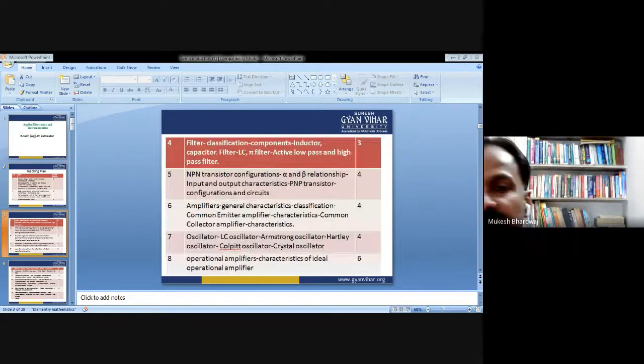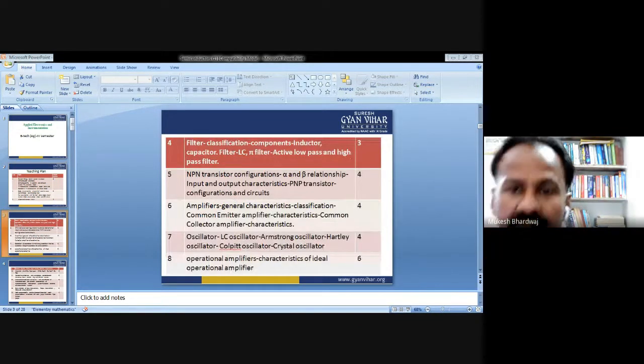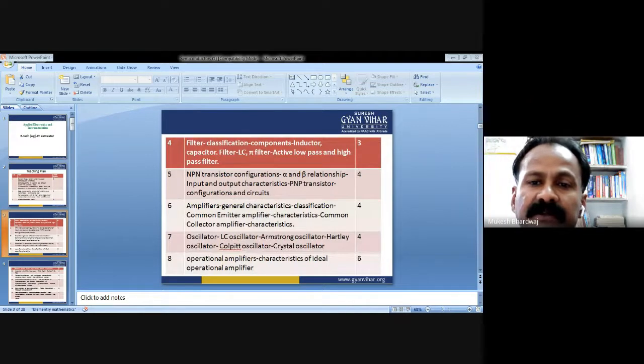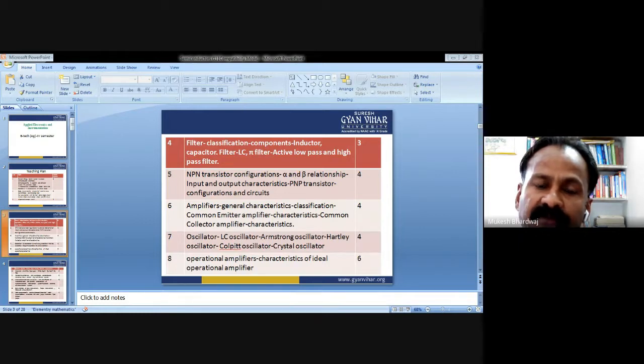Fourth is filter classification and components: inductor, capacitor. Now that is the diode. After diode fabrication, we can use the diode. After rectifier, we can use the diode as a filter also.